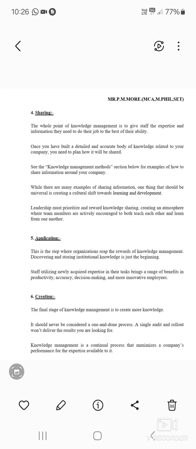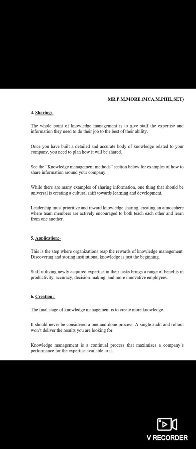While there are many ways of sharing information, one thing that should be universal is creating a cultural shift towards learning and development. Leadership must prioritize and reward knowledge sharing, creating an atmosphere where team members are actively encouraged to both teach each other and learn from one another.